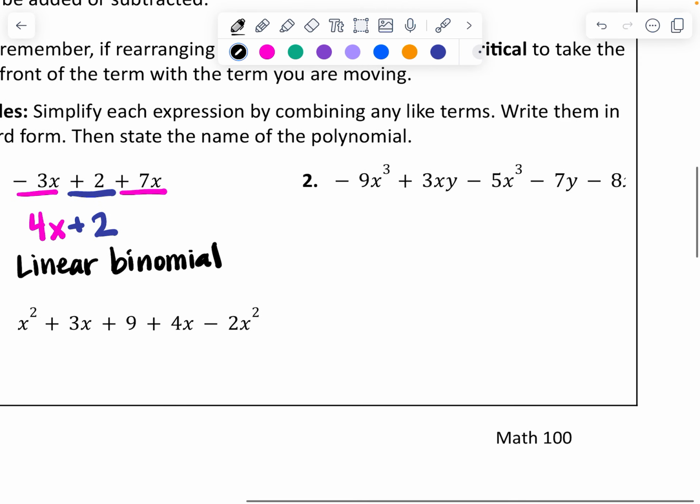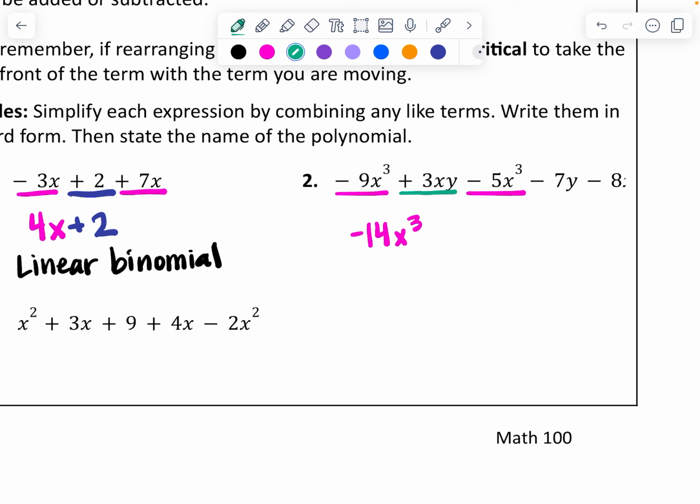Number 2, let's combine the like terms. I start with the highest exponent. Negative 9x cubed and negative 5x cubed is negative 14x cubed. Next, I'll move on to 3xy, because that still has an x in the variables.